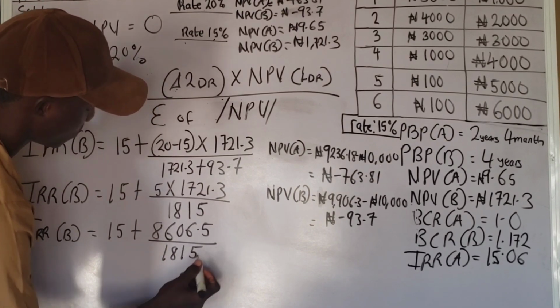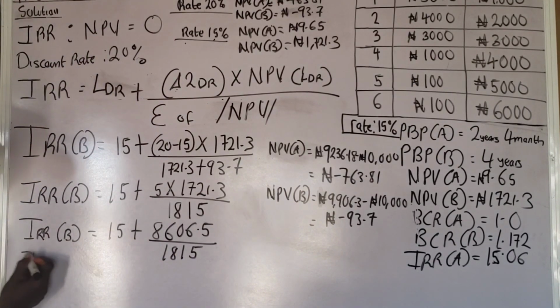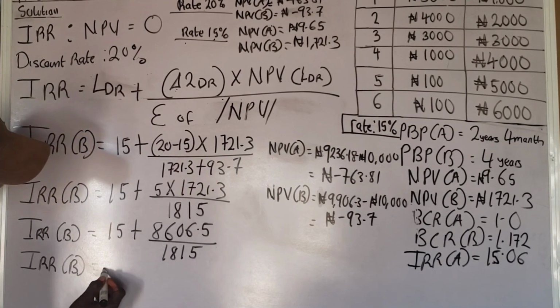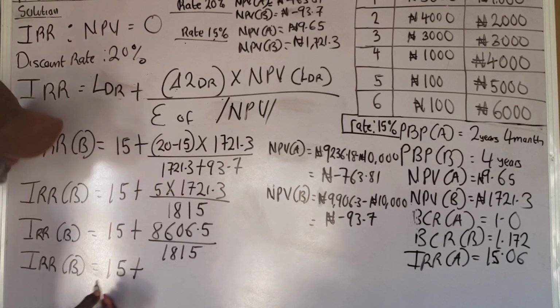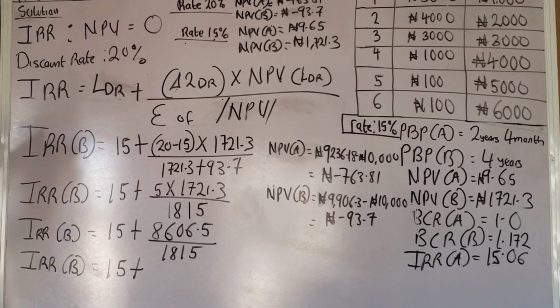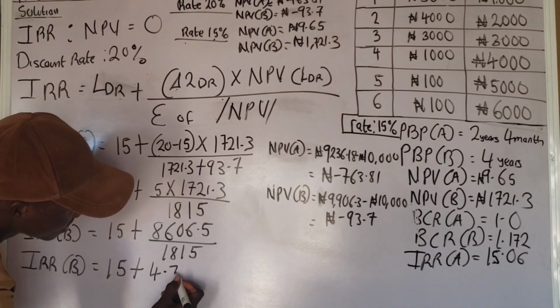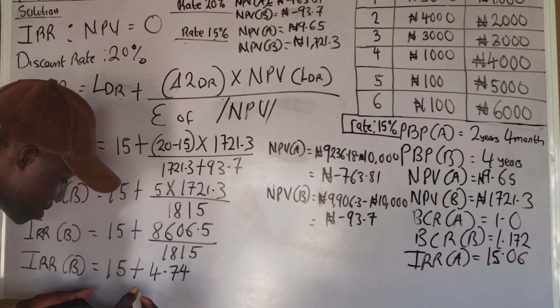You understand? Okay, so the IRR for project B equals 15 plus 8,606.5 divided by 1,815, that is 4.74. So 15 plus 4.742.